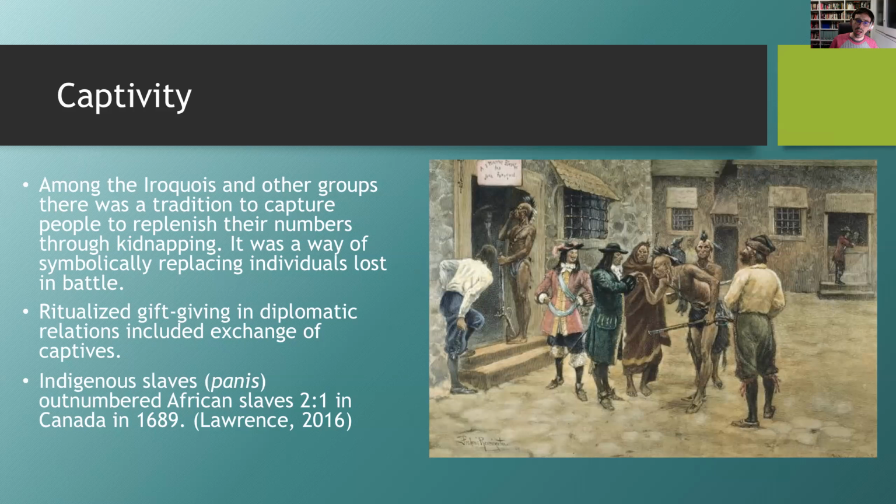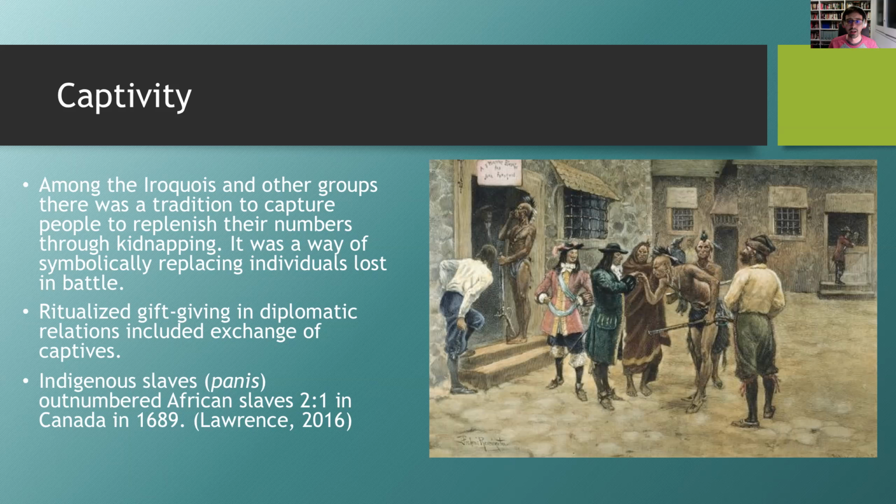So it was a way to symbolically replace individuals lost during the war, individuals lost in battle, or individuals that were being mourned by the warriors. And these captives would then be exchanged as part of a ritualized gift-giving. So you would always start diplomatic interactions with the exchange of gifts.